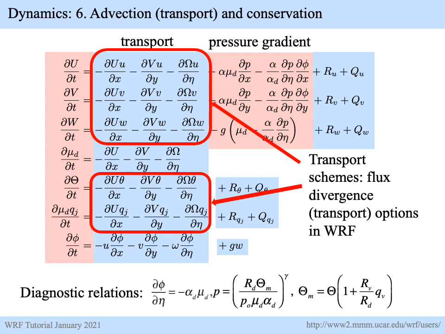How one specifies these quantities lies at the heart of what are called transport or advection schemes. And what we're going to talk about next is what options are available within those schemes and how those options operate, what you can expect from the solutions given specific choices in those options.